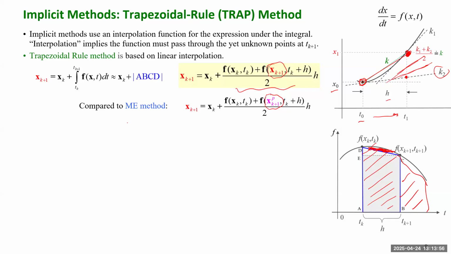But for the trapezoidal rule method, because the future state appears on both sides of the equation, you have to solve the entire equation as a nonlinear equation using something like the Newton-Raphson approach.